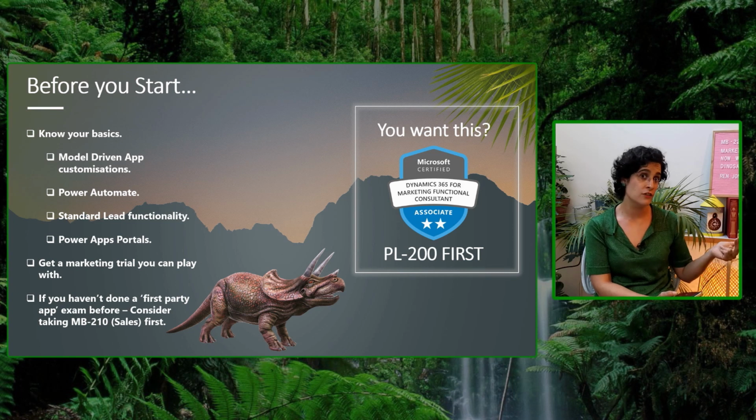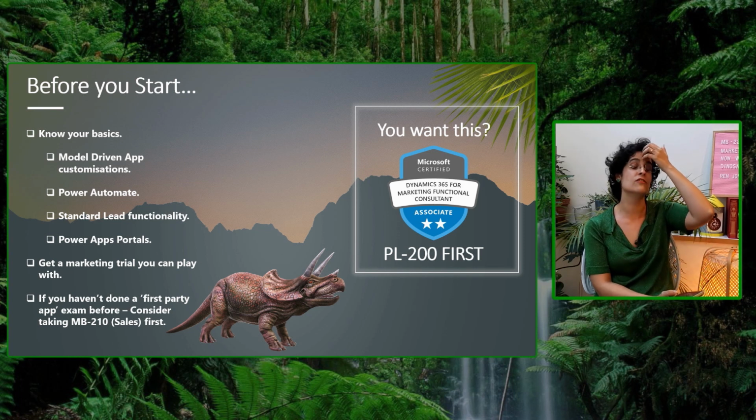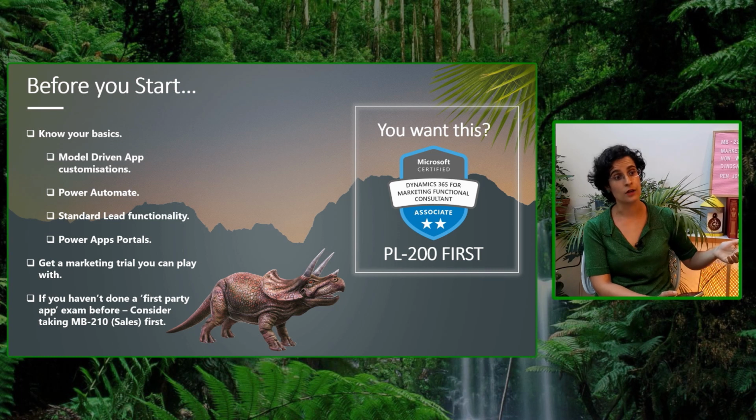You also need to know some sales functionality as well, specifically around leads and lead qualification. So the marketing exam expects that you know all of this. And then you've got to know your Power Apps portals. All right. So once you've got your basics down and you're fine with that, then you want to be getting a marketing application trial for yourselves to go in and play with. You want to be following along with it in the learning paths.